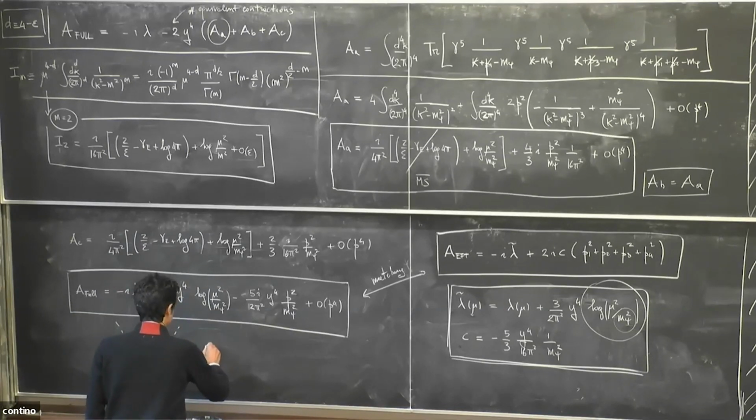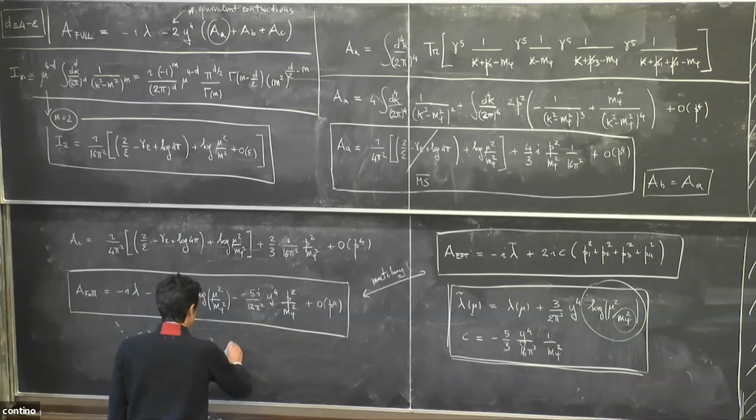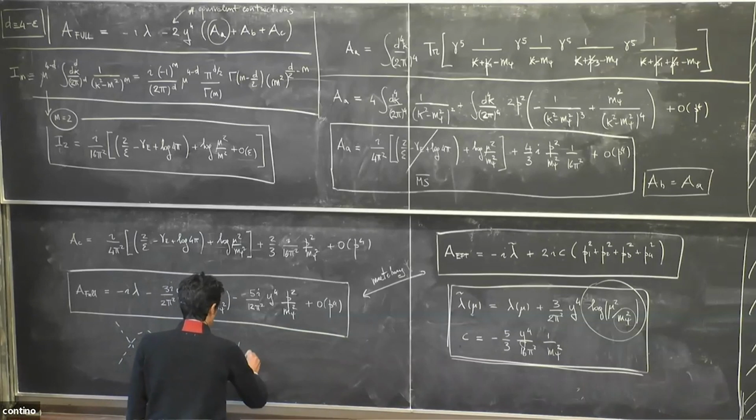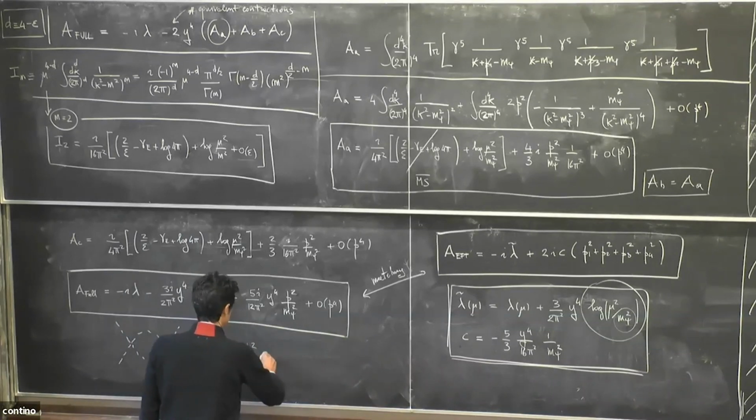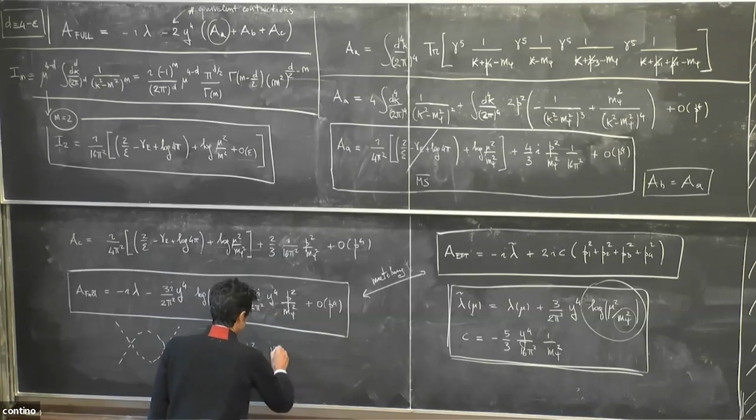It will go like lambda squared over 16 pi squared times some function of p squared over m phi squared, for example, in the full theory, and then p squared over mu squared.